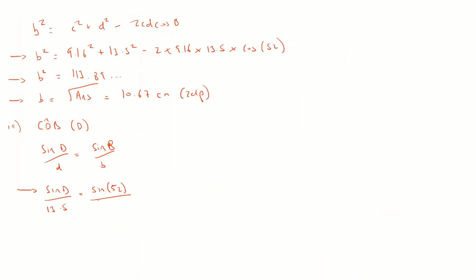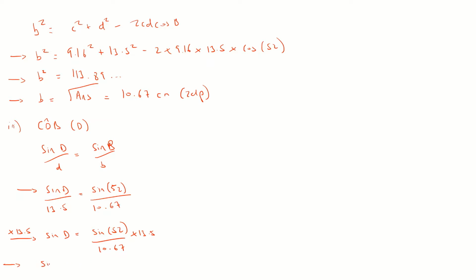Yes, B is 10.67. Remember, the first thing here is to get rid of the fraction always. So multiply by 13.5. So sine D is going to be sine 52 over 10.67 times 13.5.